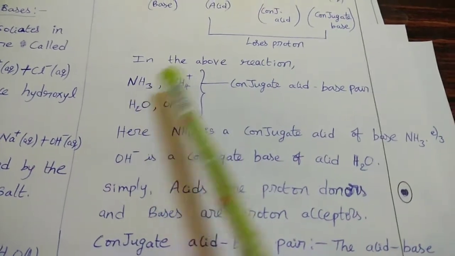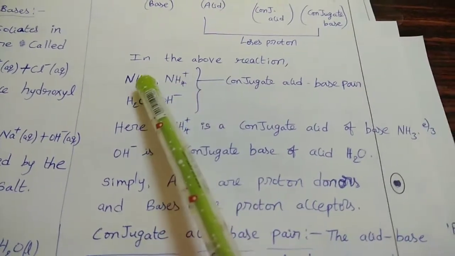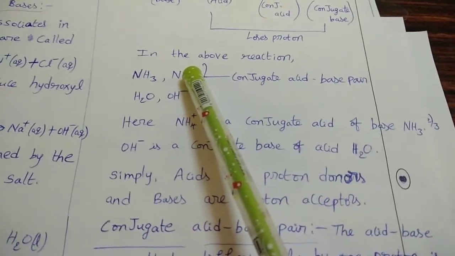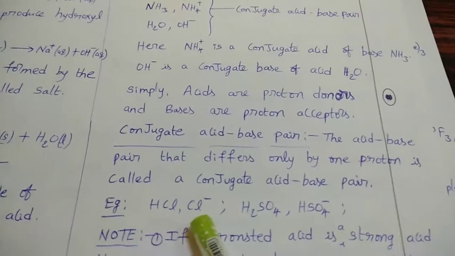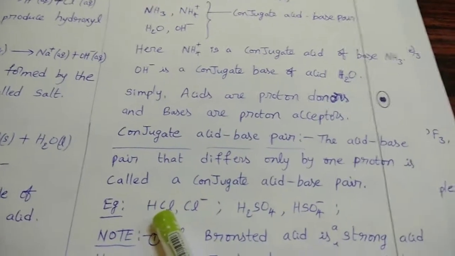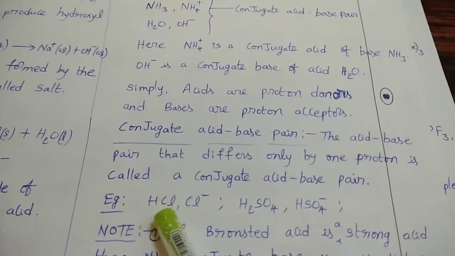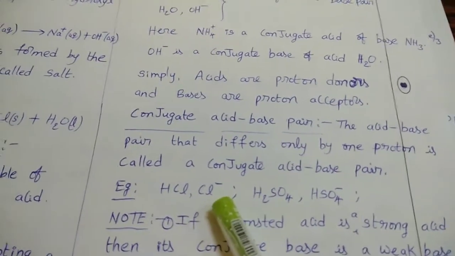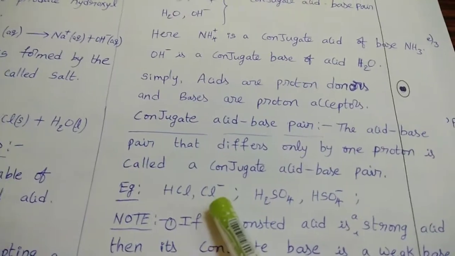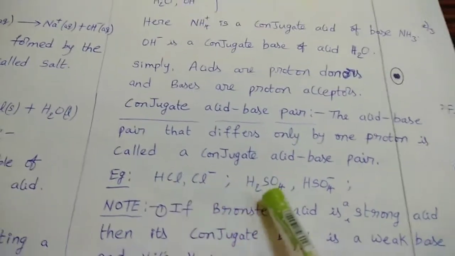One proton. Between these two, one proton is different. So this is one conjugate acid base pair. This is another one. So example for this conjugate acid base pair, HCl and Cl-. HCl, it can donate proton, so it is an acid. After donating proton, remaining species Cl-, it is a conjugate base of this acid.